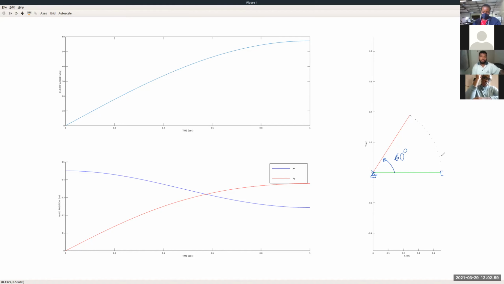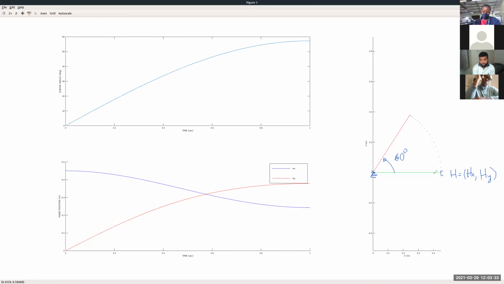Okay, so now what happens here is that I am plotting this, the hand, yeah? So that hand has two components. HX is the component of the hand along the x-axis, and HY is the component of the hand along the y-axis.